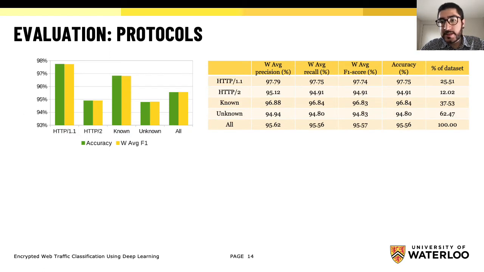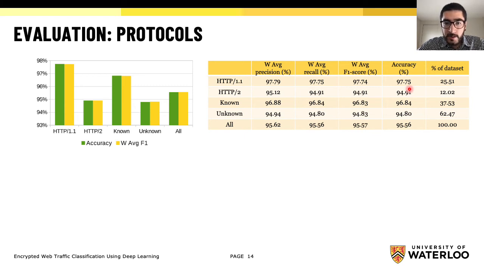Lastly, we also showcased how the trained model performs on different web protocols. While the speculations about HTTP2 being more challenging to classify is true, as the model is around 98% accurate on HTTP1, it is still pretty accurate on HTTP2 as well. It is lower, at around 95% for HTTP2, but compared to the state of the art, it is pretty good.